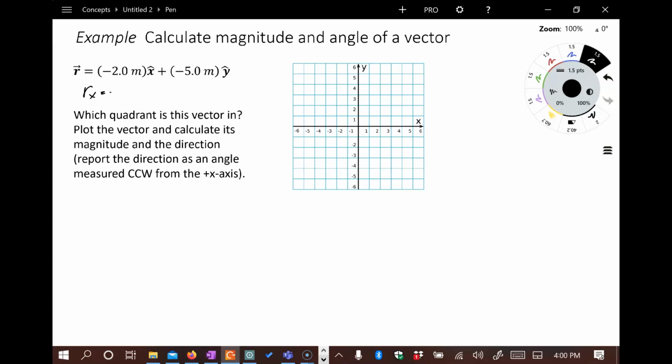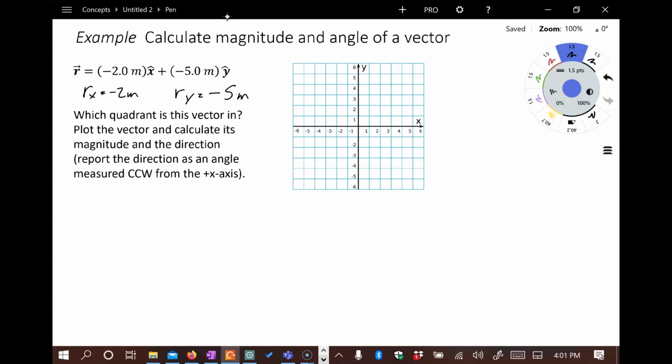rx equals minus 2 meters, while ry equals minus 5 meters. Now again, first thing you want to do is plot your vector in a coordinate system. And so we've got a coordinate system here, and it turns out that the vector components, minus 2 meters, minus 5 meters, specify the point in the xy plane where the tip of the vector arrow ends.